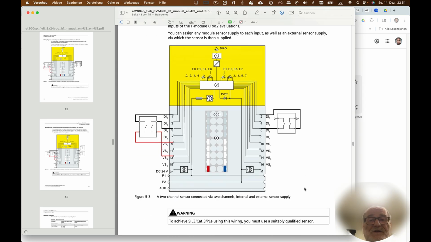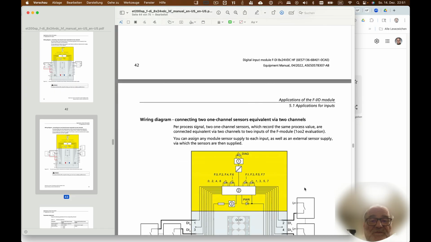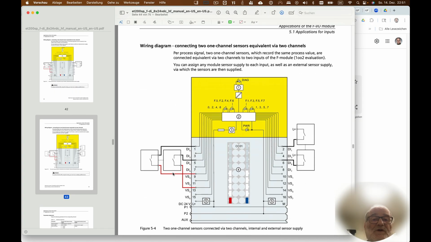There is another possibility that you have two individual sensors with one normally open channel each. For the module, it is the same thing. It doesn't make a difference whether you have one sensor or two individual sensors.